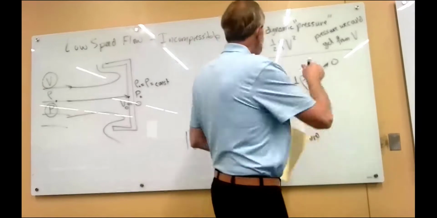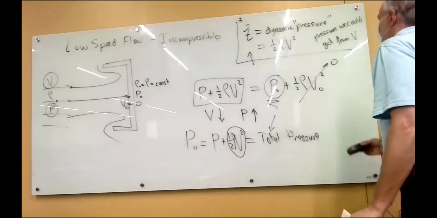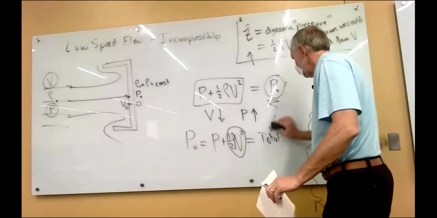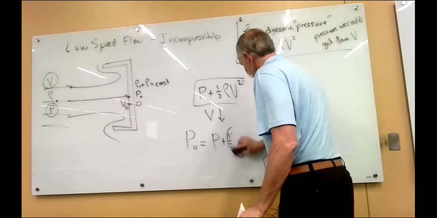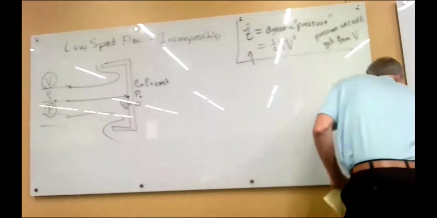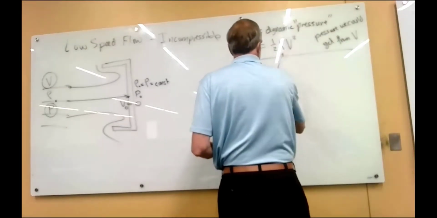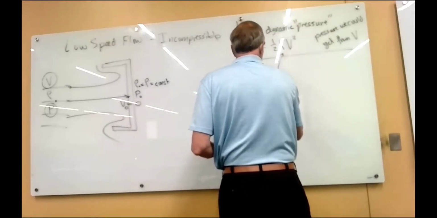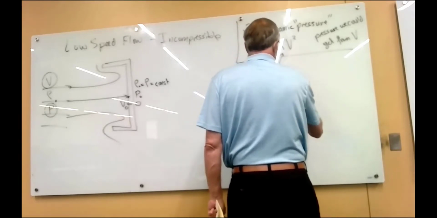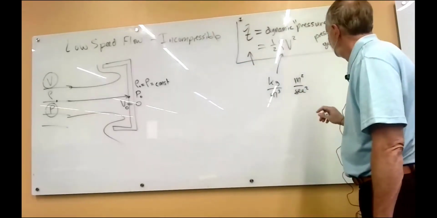All right, let's look at the units on that. They really are pressure. I think we worked the units on this before when we did Bernoulli's equation, but let's just remember. It really is pressure units. Has to be because we add it to P. But if we look at the units, this is kilograms per meter to the third, and this is meters per second squared.